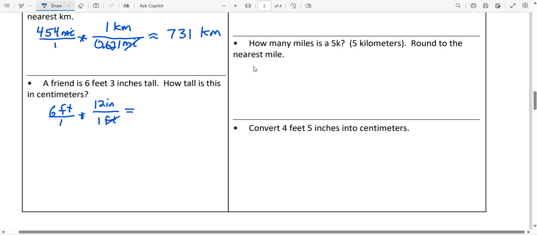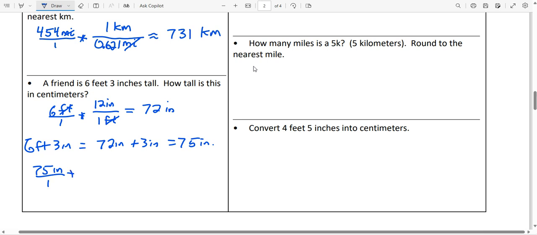And if we multiply that together, 6 times 12 is 72 inches. All right, so therefore, 6 feet 3 inches is 72 inches plus the 3 inches. That's 75 inches. Now that we know how tall your friend is in inches, we can convert those inches, putting over 1 with so many inches on the bottom.